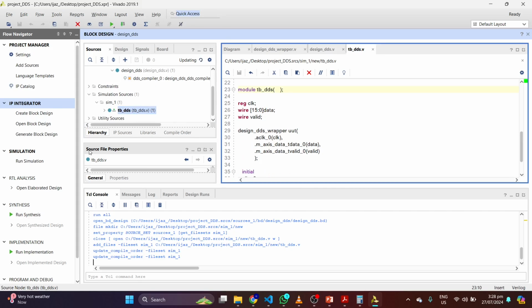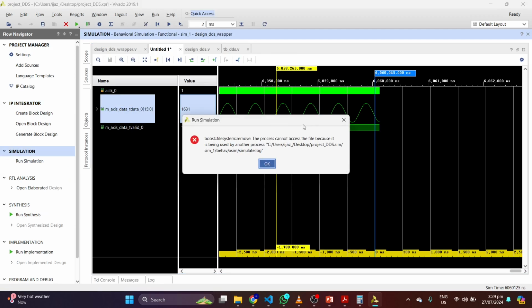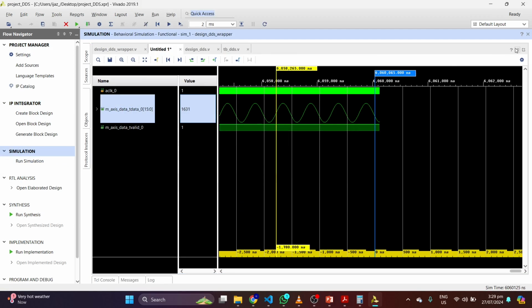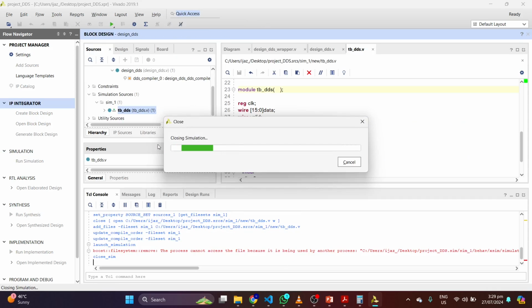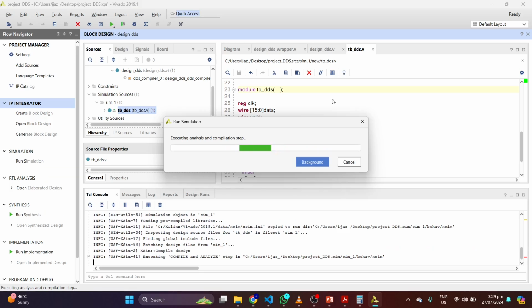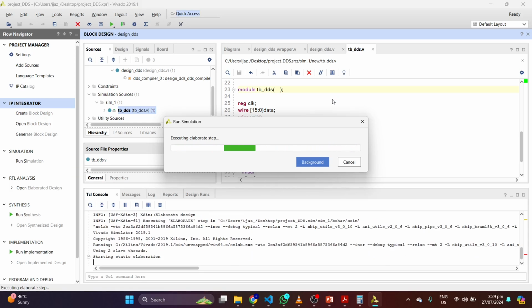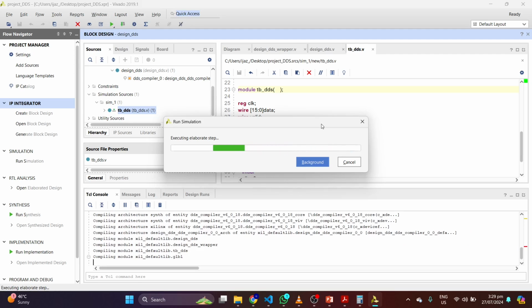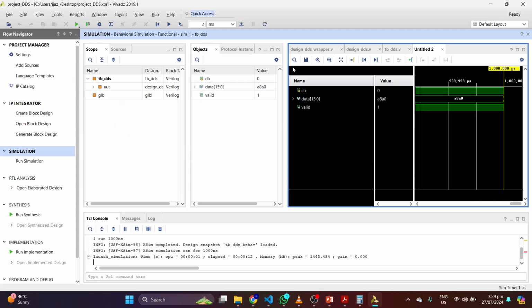Okay, now if I run this simulation, you cannot simulate at the same time, so I have to close this one. No, I will not save the signals. Now if I run this module, I don't need to put any force clock as I have designed my clock signal inside the test bench.